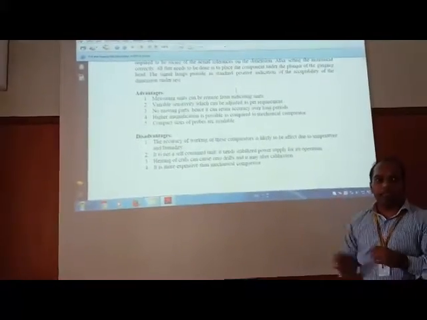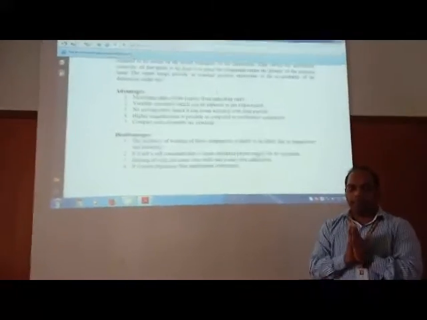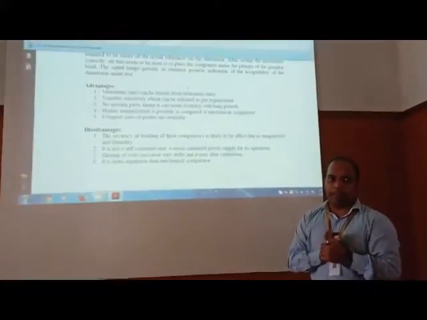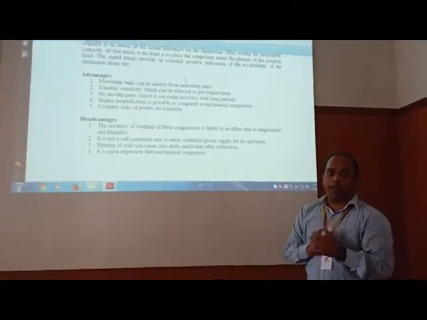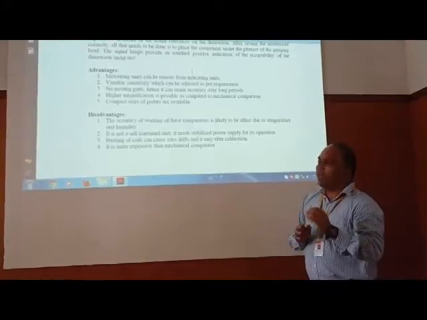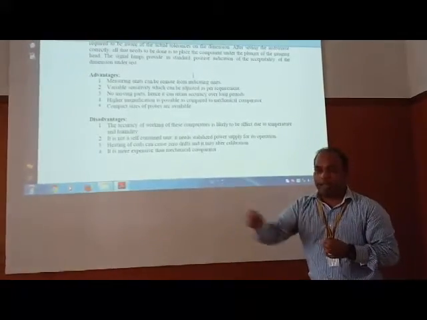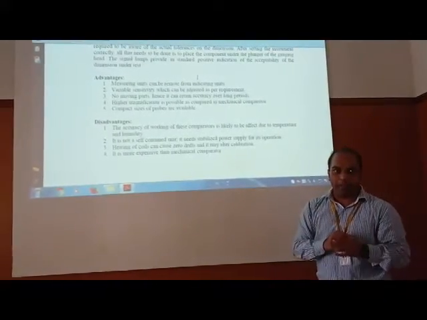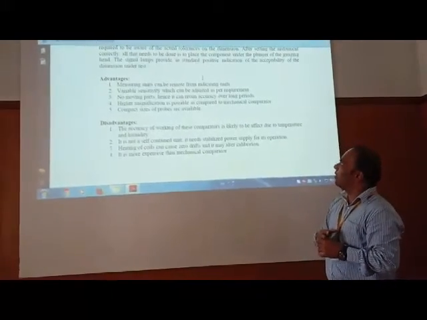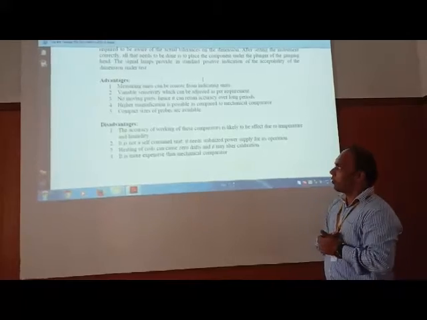since we have seen the comparator working, the comparator again has some advantages and disadvantages. We will try to cover them one by one. Measuring units can be remote from indicating units, so we can manage the distance between actual measurement and display measurement. Variable sensitivity which can be adjusted as per requirement, of course.